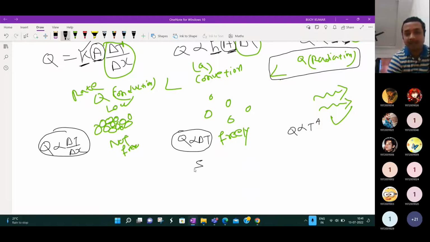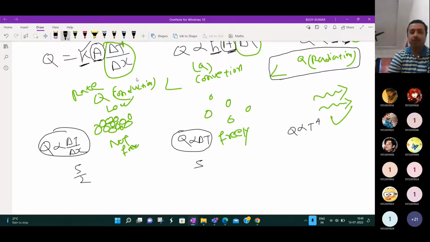Suppose here 5 is there, here 5 by 2 is there. Which one is greater? 5 is always greater because here division is there. So Q through convection is always greater than Q through conduction. So Q radiation, then Q convection, then Q conduction. These are the rates of heat transfer through different modes. This we discussed according to that formula.